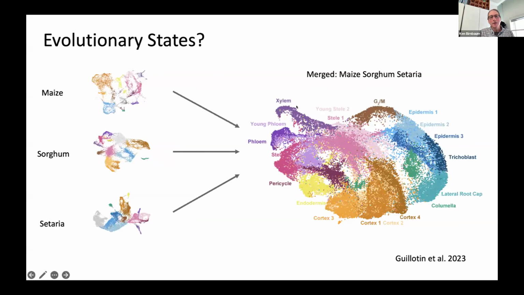And so one would want to think, as anatomy has told us for many years, that these are homologous cell types, with somewhat different expression, that represent the same cell type but perhaps different evolutionary states.